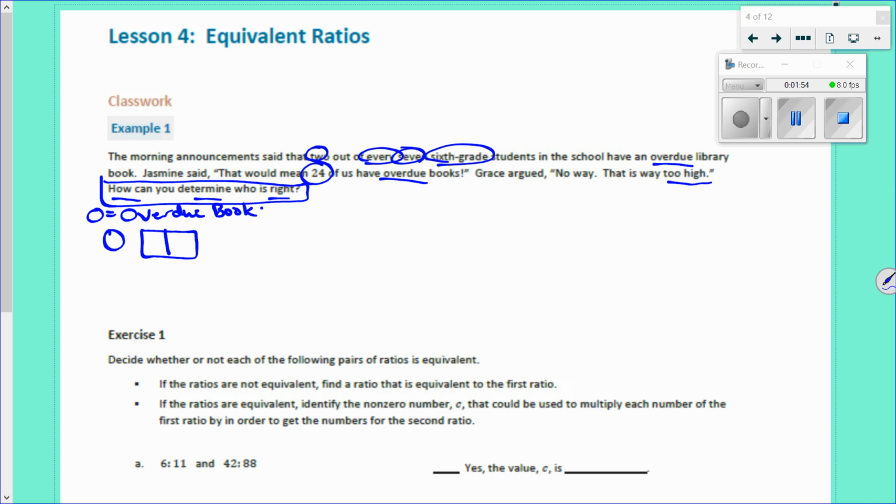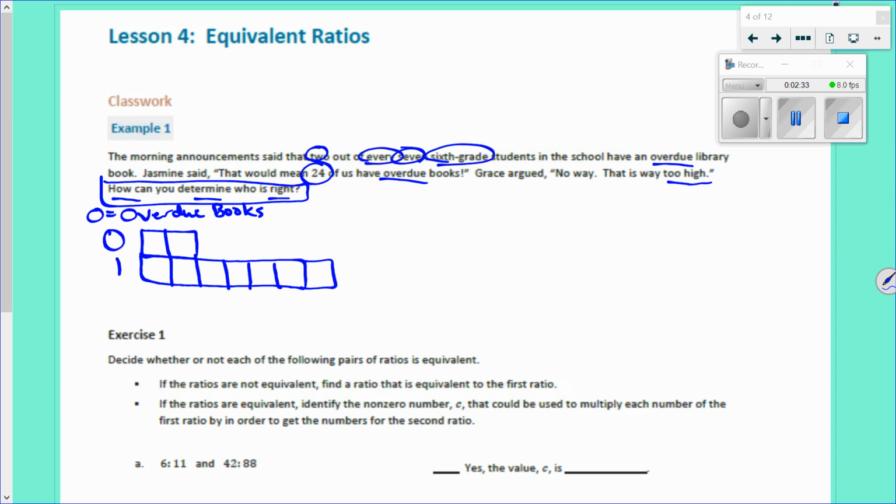Okay? And then what is the second part of my ratio? 7. And what does that 7 represent? Students. All the 6th graders.